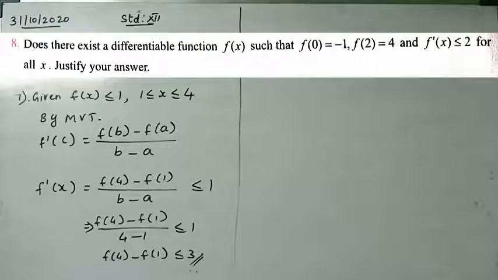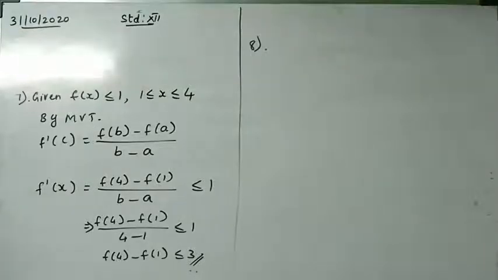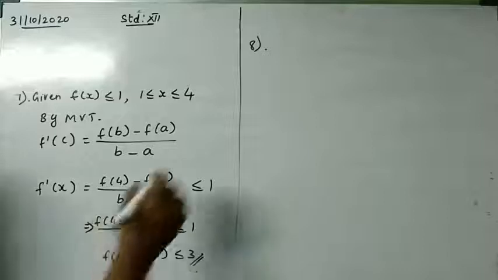Now 8th question: does there exist a differentiable function f of x such that f of 0 equals minus 1, f of 2 equals 4, and f dash of x is less than or equal to 2 for all x? So here it is given f dash of x is less than or equal to 2.